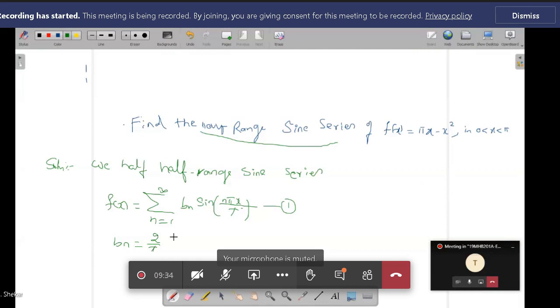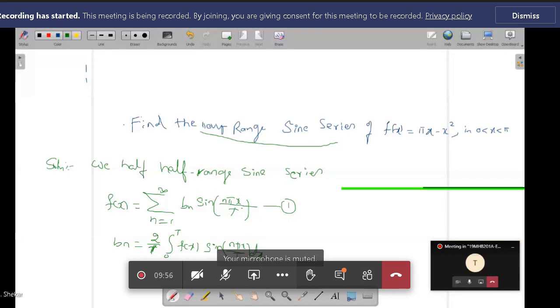So please don't confuse with full range and half range. 0 to t, f of x into sine n pi x by t into dx. So this is the definition of half-range sine series.